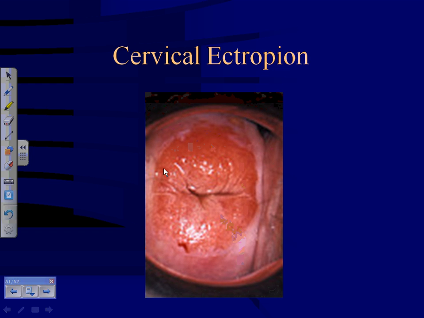But what this tissue will oftentimes undergo is metaplasia because of its exposure to the vaginal environment, and the acids, the pH that's present within the normal vagina, will be an irritant to this amount of endocervical epithelium.